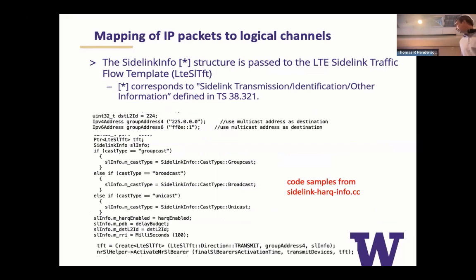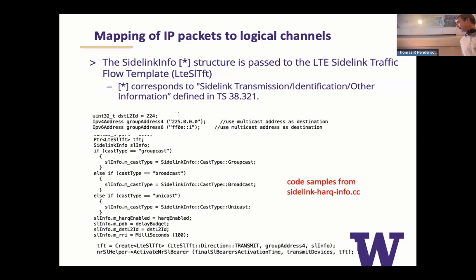This sample shows how this is done in ns-3. We define an object called a traffic flow template, and we create one of these TFTs later on in the code. Then we create this sidelink info parameter, pack all of our attributes into it, assign those variables, and pass this as part of the TFT configuration, so that packets that match these properties are routed to a particular logical channel.